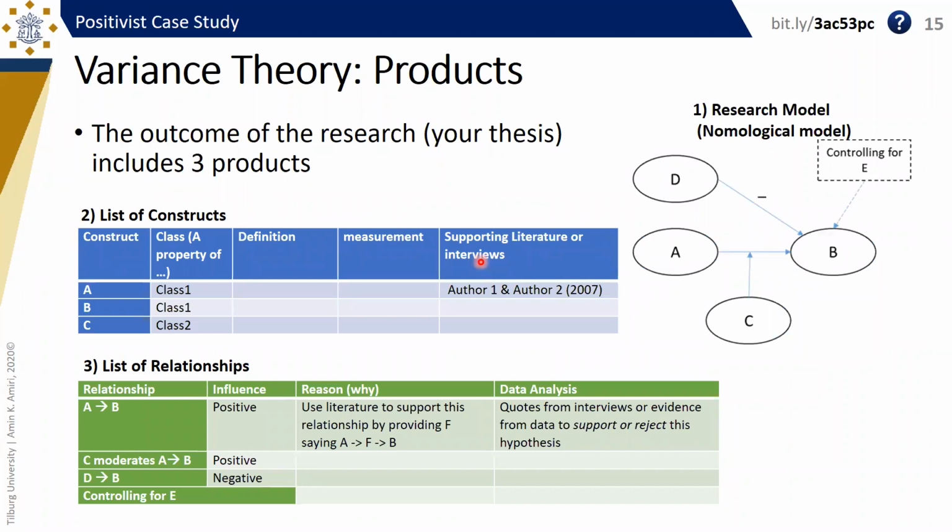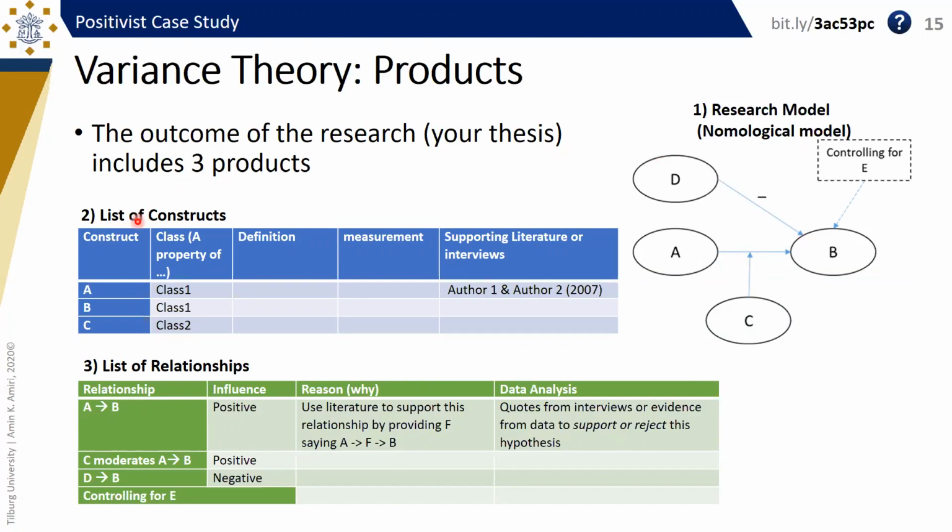I told you that variance theories are what you usually create as part of your thesis. Here, you need to deliver three products as the outcome of your thesis. First, you need to have the model, a nomological model that shows these relationships.